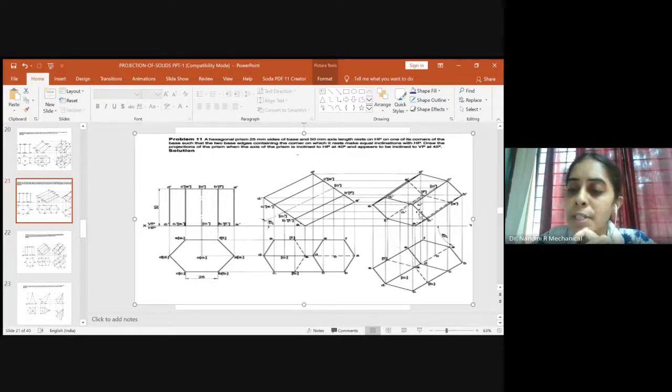So the projection coming out from the corner of the surface, C1 dash to C dash, D1 dash to D dash, will be visible. Please darken it because these are the outer rectangular surfaces which are bounding our hexagonal prism. So this will be visible at any cost. Please take the projections with continuous thick line, C1 dash to C and D1 dash to D.